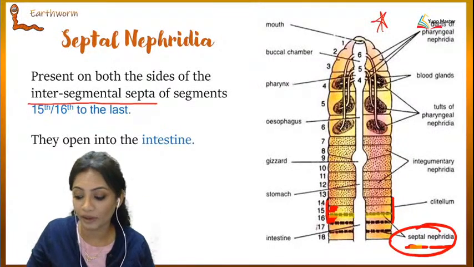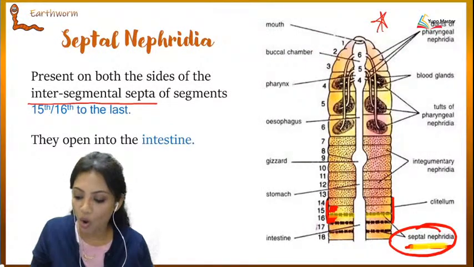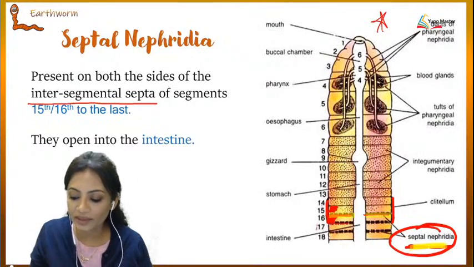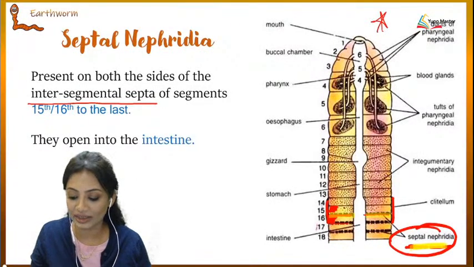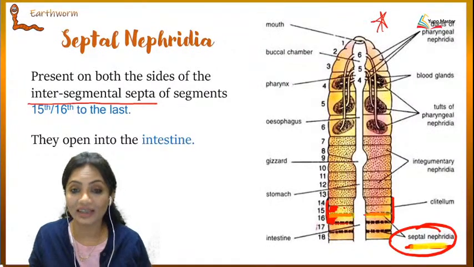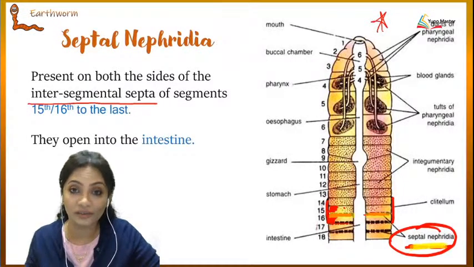So you have septal nephridia here, and that starts from the segments between 15 and 16, that is the intersegmental part, and it continues all the way up till the end of the earthworm.